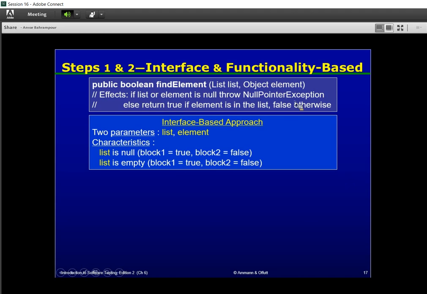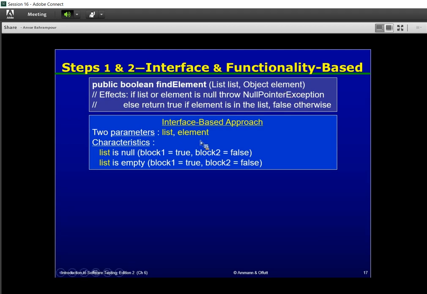Also, we could consider the second parameter in isolation. For example, the second parameter also could be null. If the second parameter is an integer value, we could consider the relationship of this parameter with 0 or any other data types as we can define.